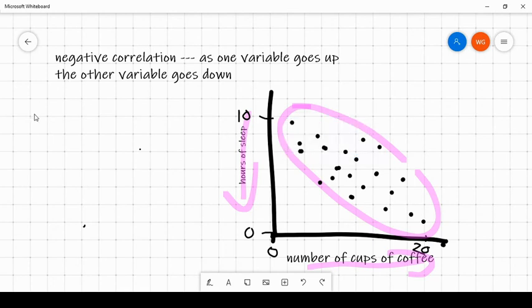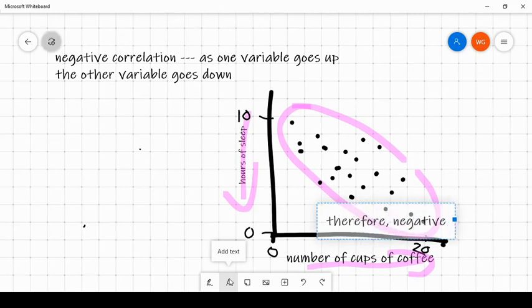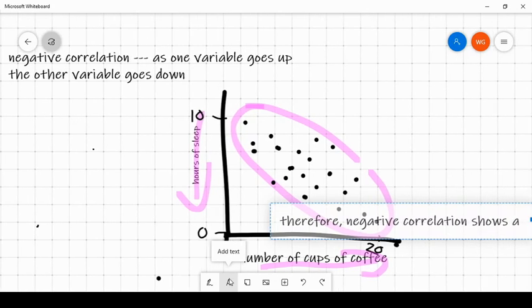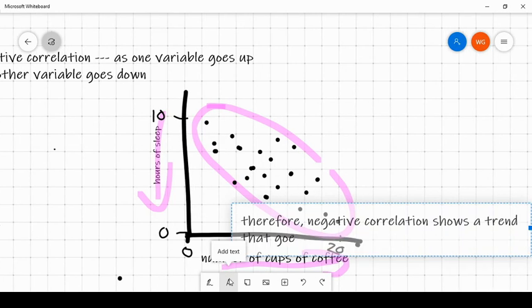Okay, if one variable is going up and the other is going down, that will mean therefore negative correlation shows a trend that goes down and to the right.